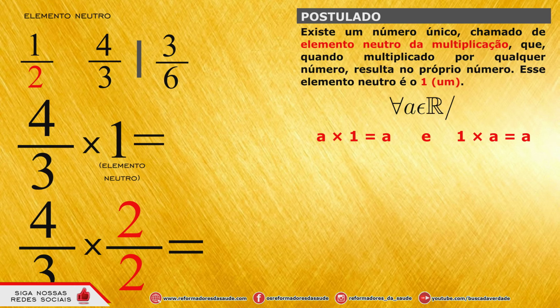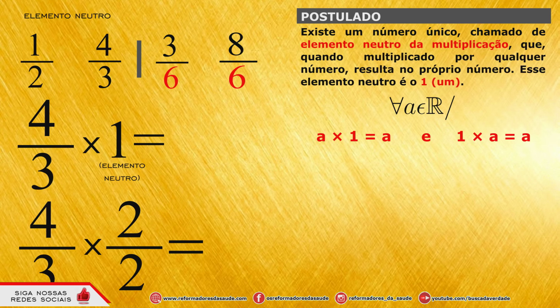And since 2 is the denominator of the first fraction, we must use the number 2. Therefore, 4 divided by 3 times 2 divided by 2. Therefore, 4 over 3 times 2 over 2 equals 8 over 6.